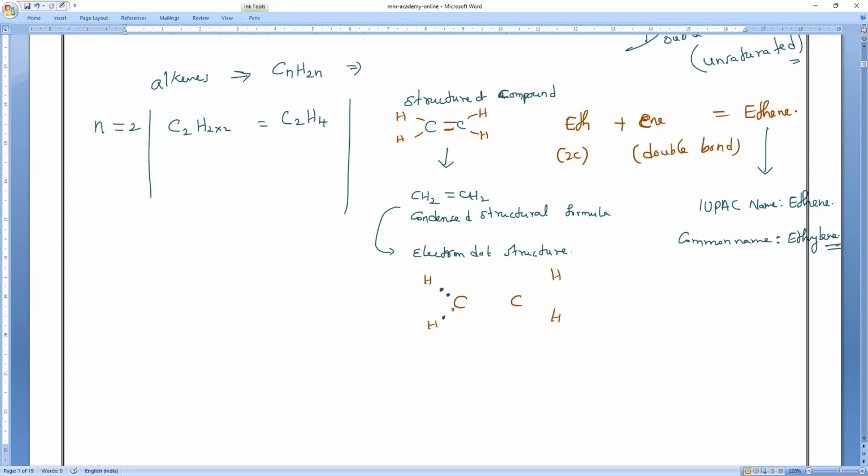Single bond. But between carbon and carbon, what bond is there now? Double bond. So is that one pair of electrons or two pairs of electrons? Two pairs of electrons. That is what you have to remember. I hope you all understand. Anybody having any doubt, you can ask. Clear, everybody?